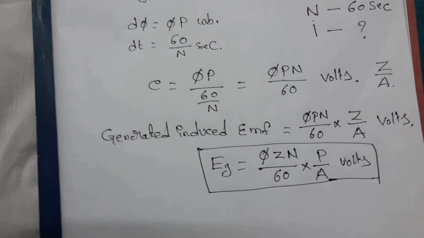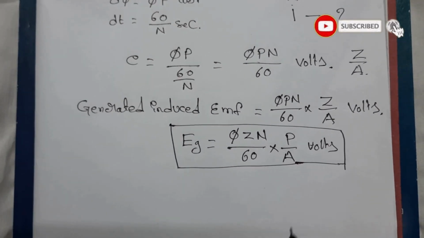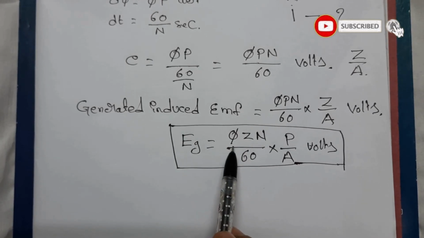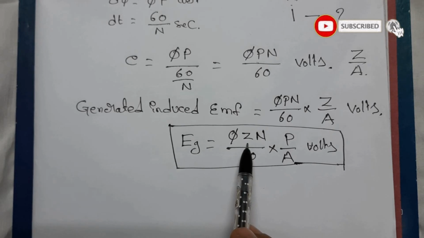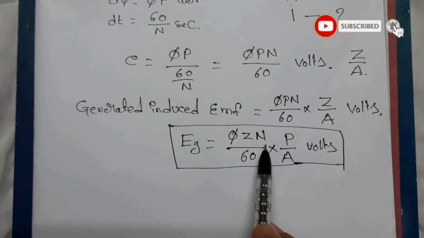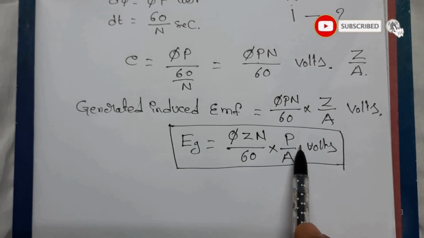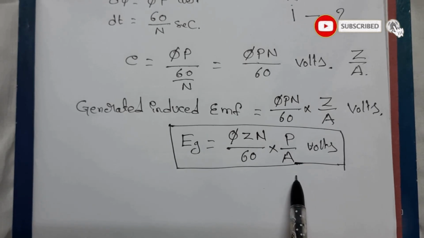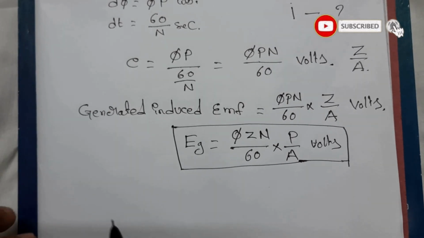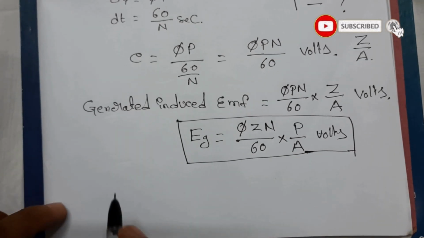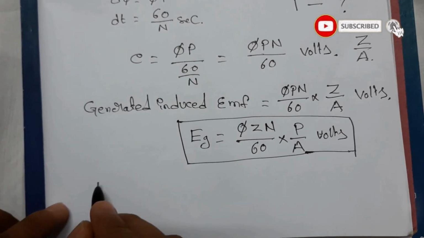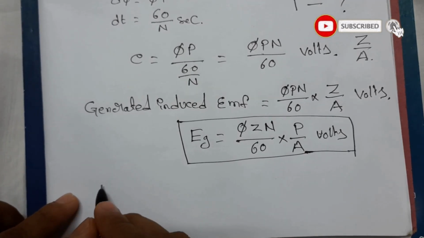EG equal to ΦZN by 60 into P by A volts, where EG is the generated induced EMF, Φ is the flux per pole in Weber, Z is the total number of armature conductors, N is the speed in RPM, P is the number of poles, and A is the number of parallel paths. Two types of windings are used in the armature, lap winding and wave winding.